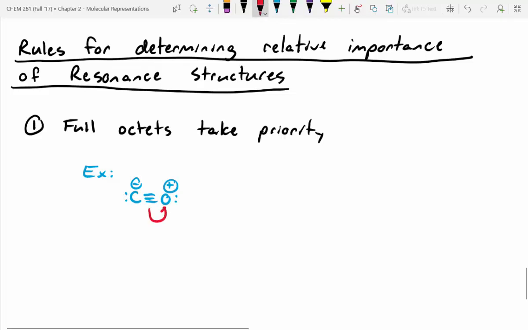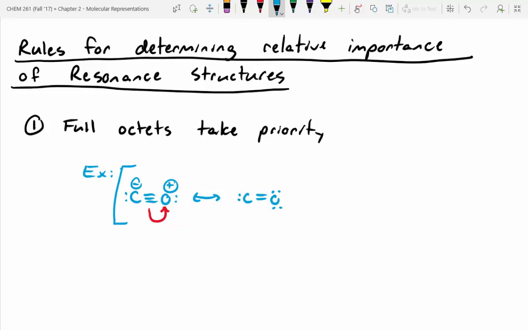Shouldn't we take these pi electrons and move them over? If you do that, you end up with a structure that looks like this, where technically that carbon has a neutral charge and the oxygen's neutral too. But what's wrong with this carbon? It doesn't have a full octet.